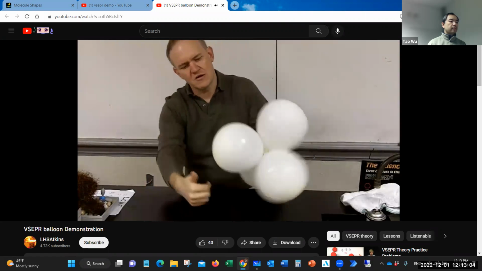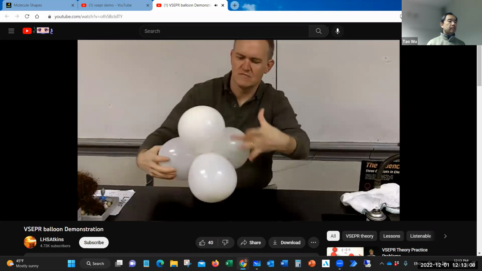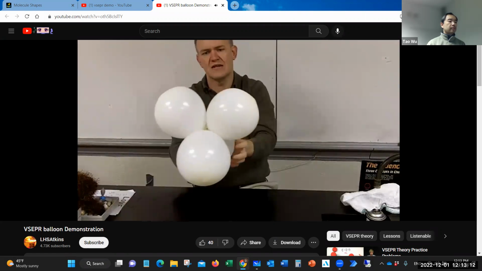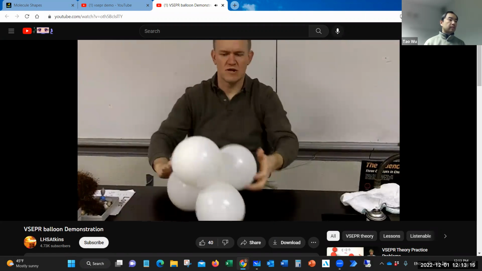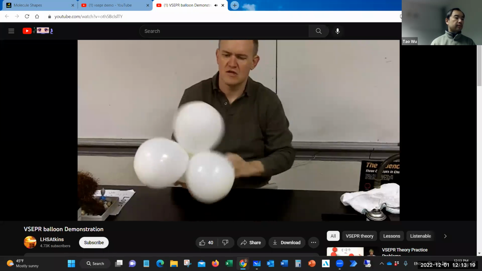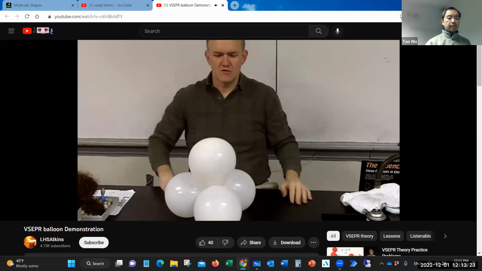The bond angles here are not easy to visualize, but you can tell that they're more than 90 degrees, but not as much as 120. It turns out that the number is 109.5. And so those are the basic arrangements for electron pairs around the central atom.